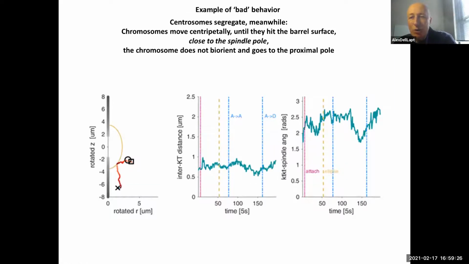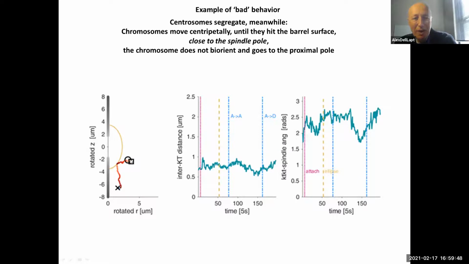There were always a few bad chromosomes in the chemically inhibited cells. I'm not going into the details of these biochemical inhibitions because I guess the majority of you are in math and physics, and I don't want to overwhelm you. But here's what happens to some of these bad chromosomes.